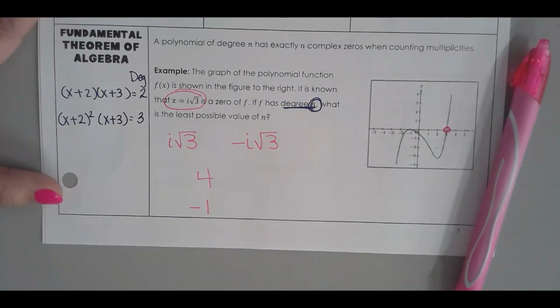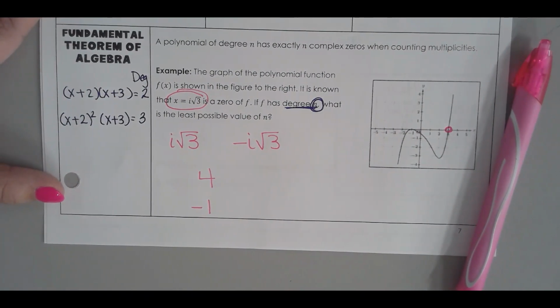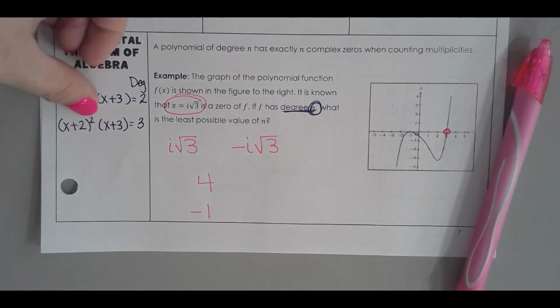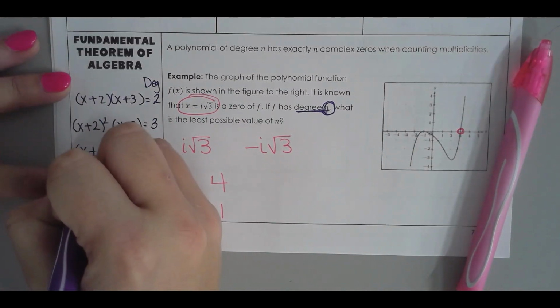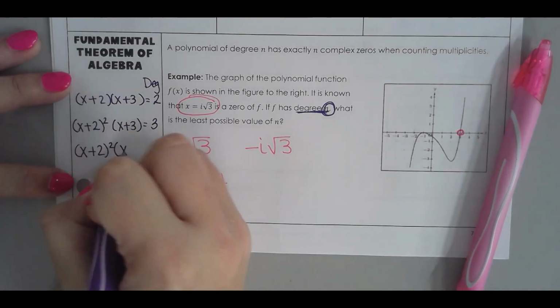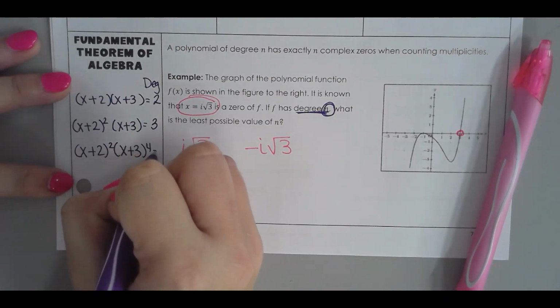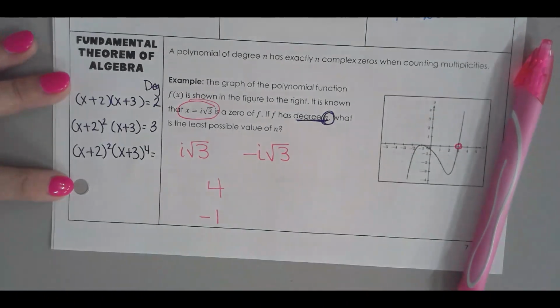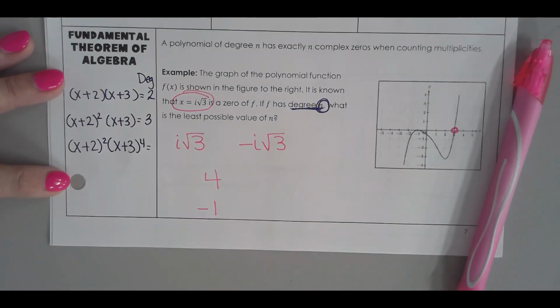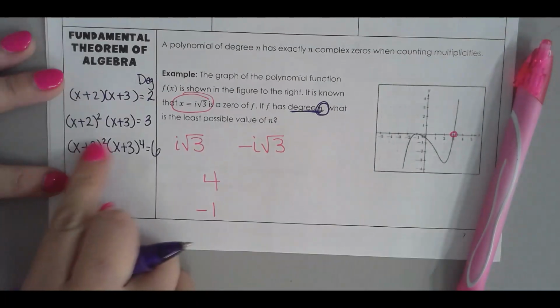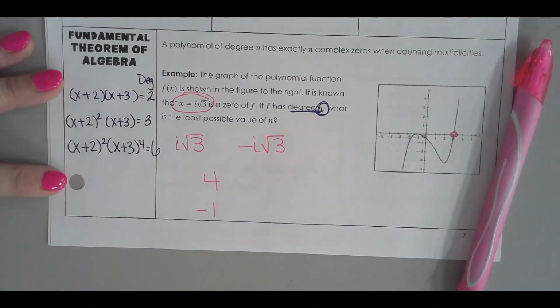Why did the degree go up? Because of that multiplicity. What would the degree of this one be? 6. That one was 2. That one was 4. Okay.